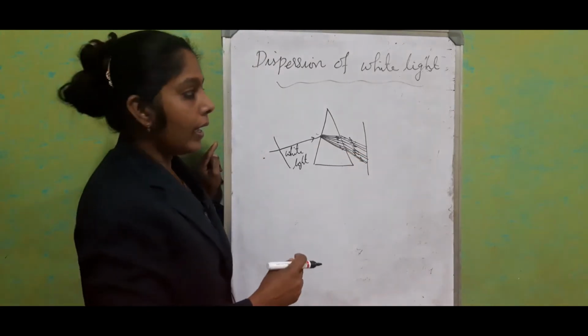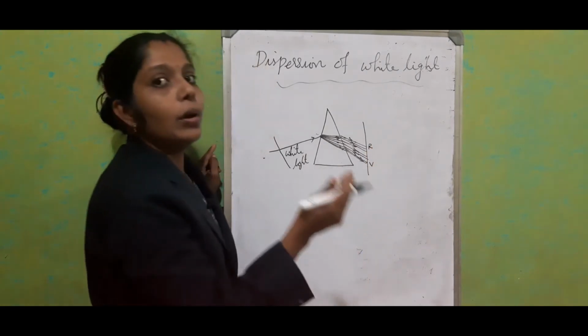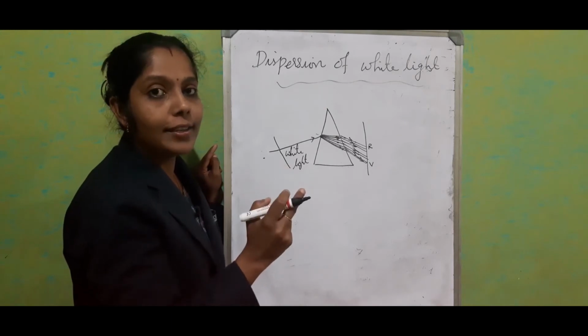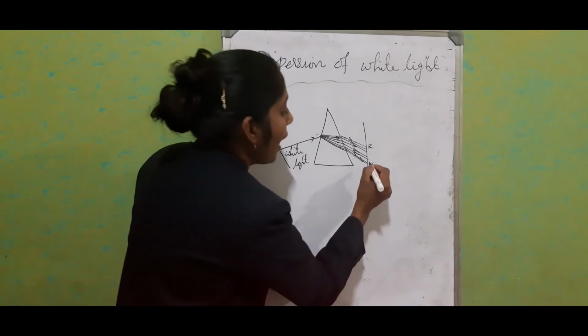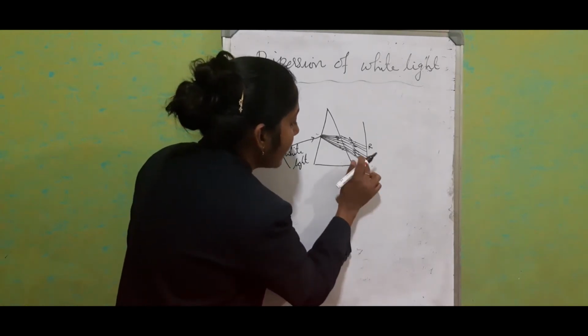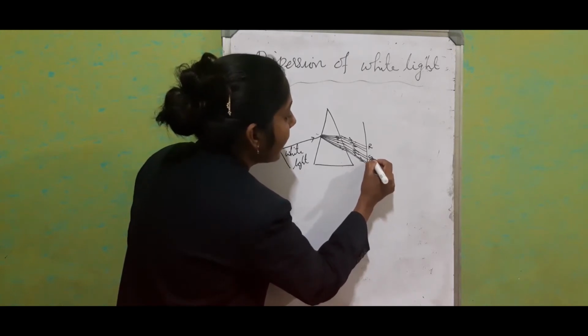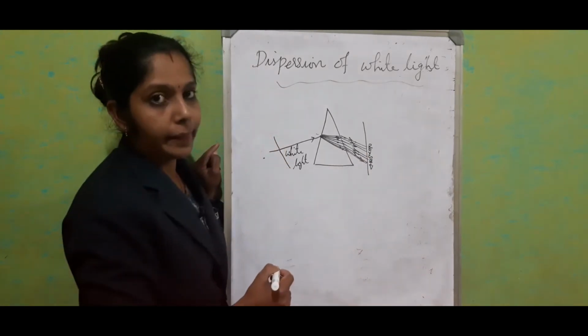He found violet to red, or red to violet, VIBGYOR. The combination of white light is VIBGYOR. What is VIBGYOR? Violet, indigo, blue, green, yellow, orange, red.